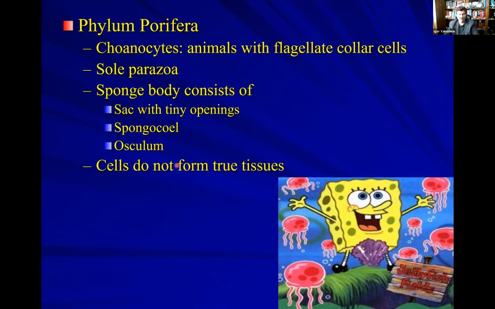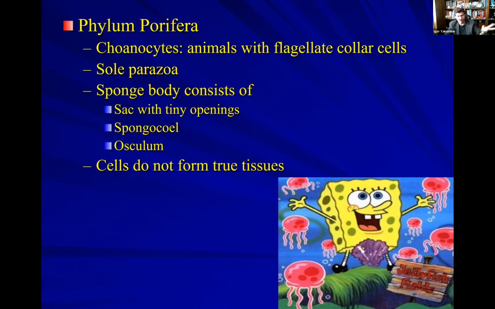There are several typical cells within the sponge body, for example, the choanocytes, but at some point, a choanocyte will decide, I don't really want to stay here anymore and wave that flagellum. So what I will do, I will lose it and I will become an amoeboid cell.